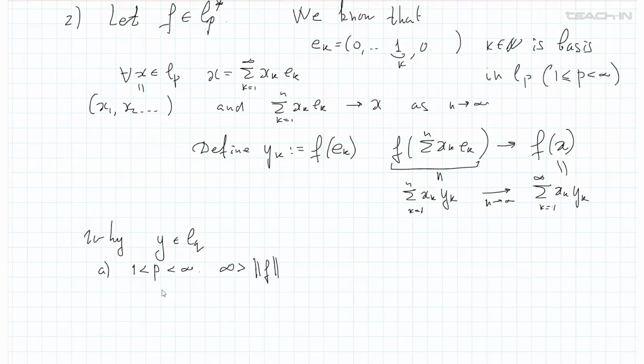We know that our functional is bounded, then its norm equals the supremum of all actions. Of course, I consider a non-zero functional. So if f is not the zero functional, then of course the sequence y is not zero.